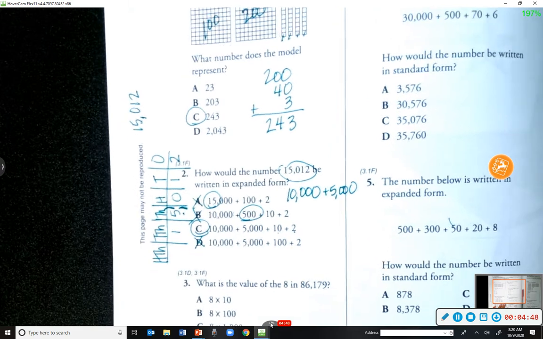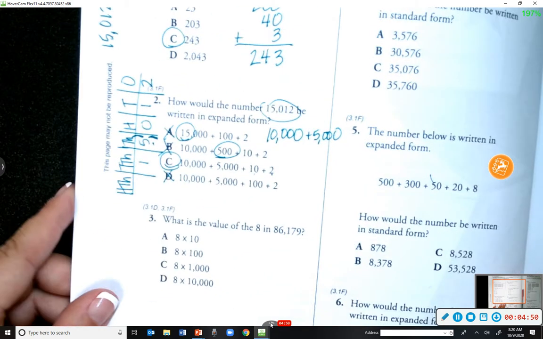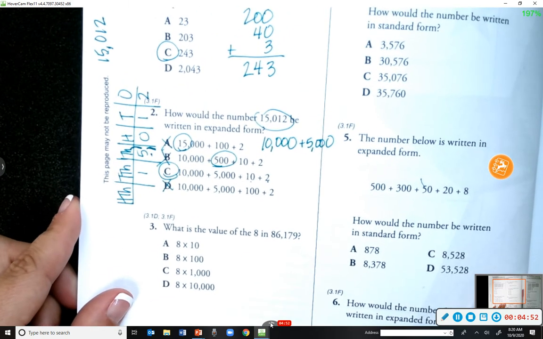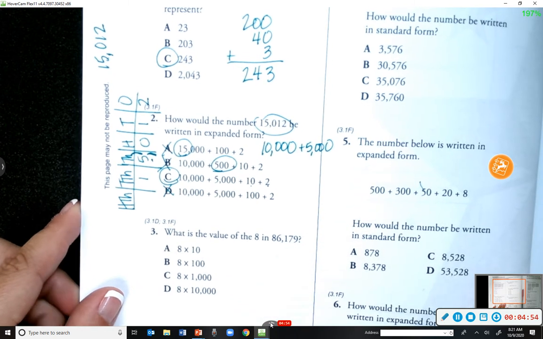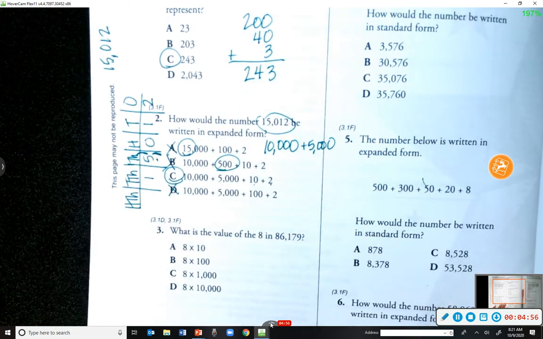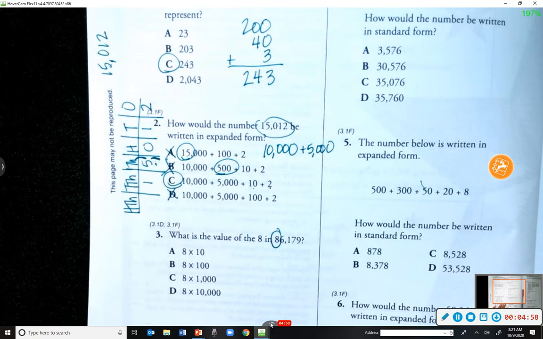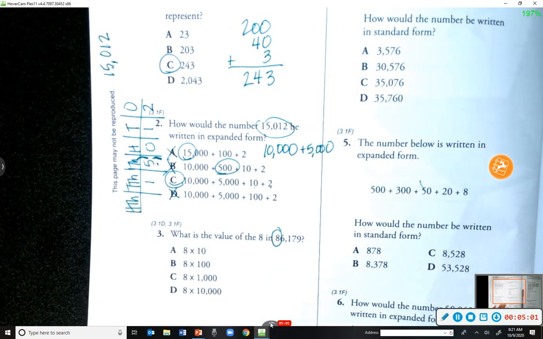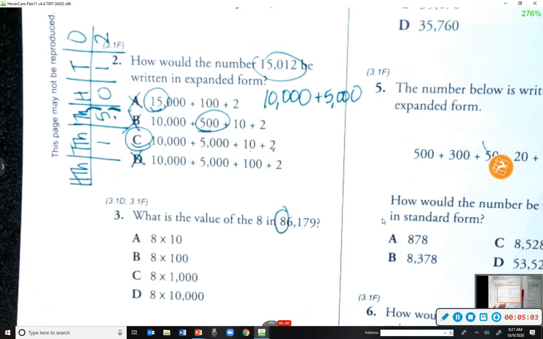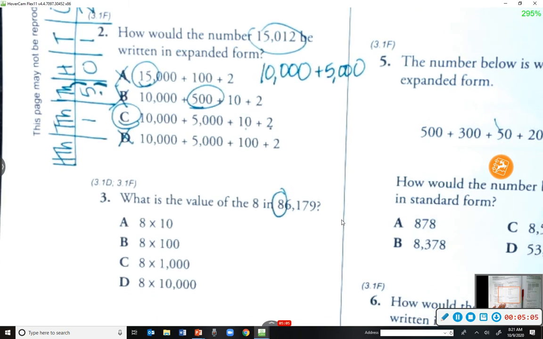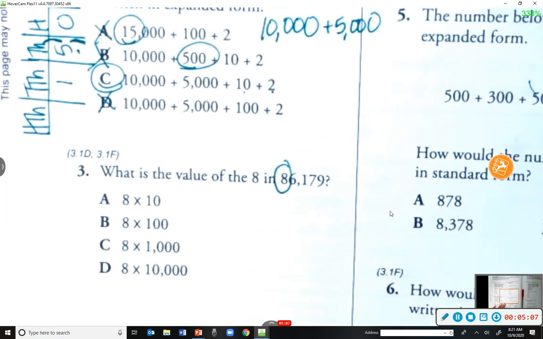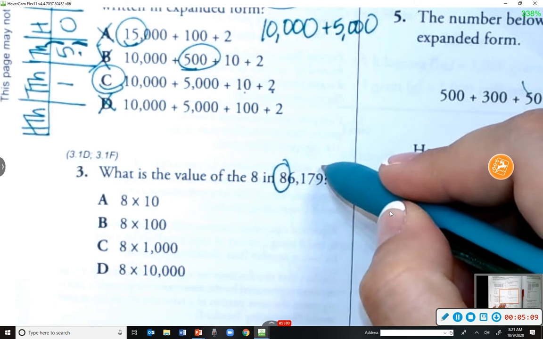Okay, number 3. What is the value of the 8 in 86,179? Okay, here's the 8. First we need to figure out what place value it's in. Okay, so let's start with the 9. What place is the 9 in?